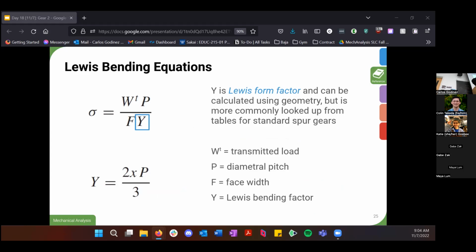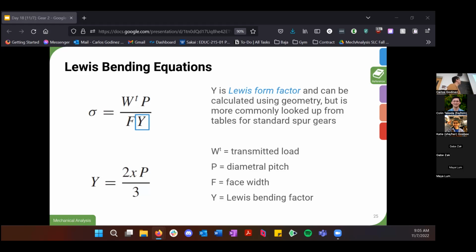This is the purest form of the Lewis bending equation, where you have your transmitted load, your diametral pitch, if you're working in customary, the face width, so how thick your gear is, and then Y is called the Lewis form factor.